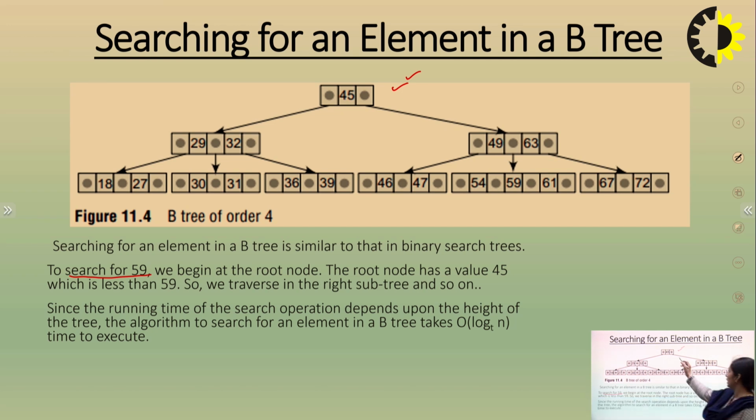And this 45 is less than 59, which we have to search. So we will traverse in the right subtree, means we will search on the right hand side. Now we will go here.